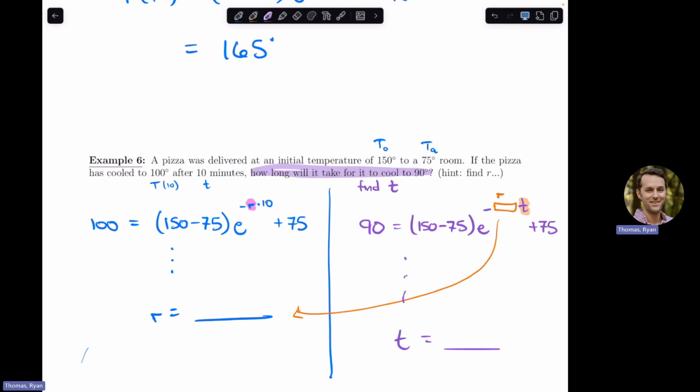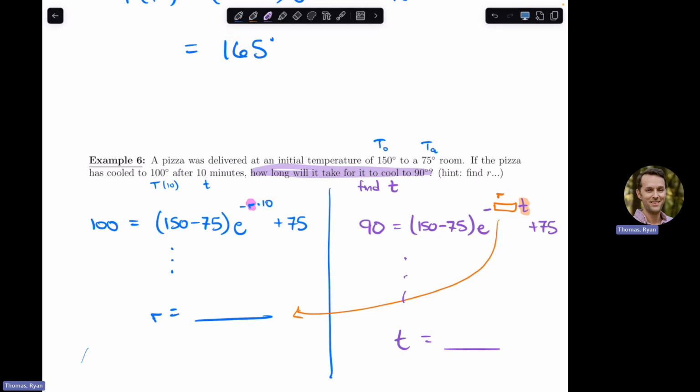Now, the actual mechanics of what you do to solve are identical. You're finding a different thing, but you do all the same stuff. Combine these, subtract, divide, take a log, finish solving to get r. Once you have r, combine these, subtract, divide, take a log, finish solving, but you'll be finding t instead.